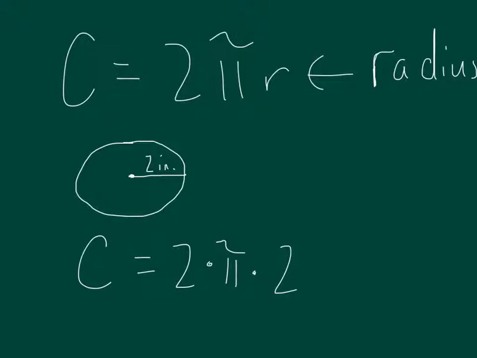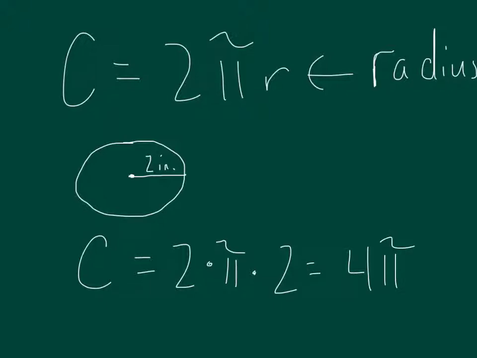Remember the commutative property says that if you have all addition or all, or being the key word, all multiplication, you can just change the order up whatever way you please. This is all multiplication here, so you can make it 2 times pi. What is 2 times 2? 4. So then we have that equal to 4 pi.